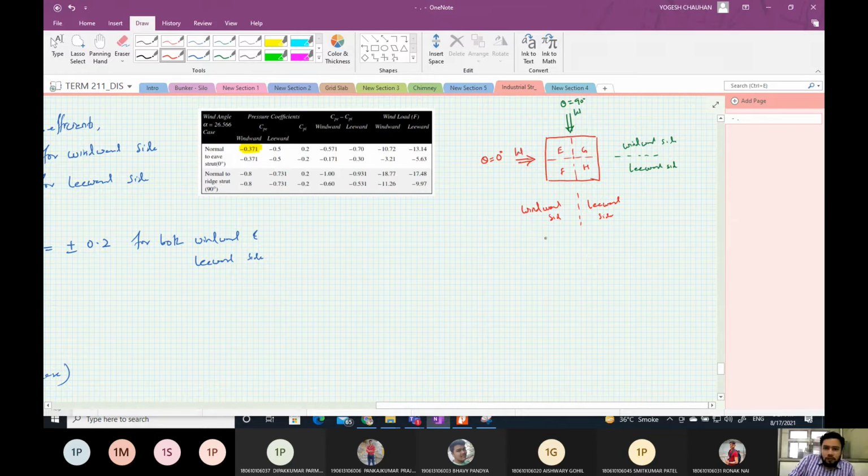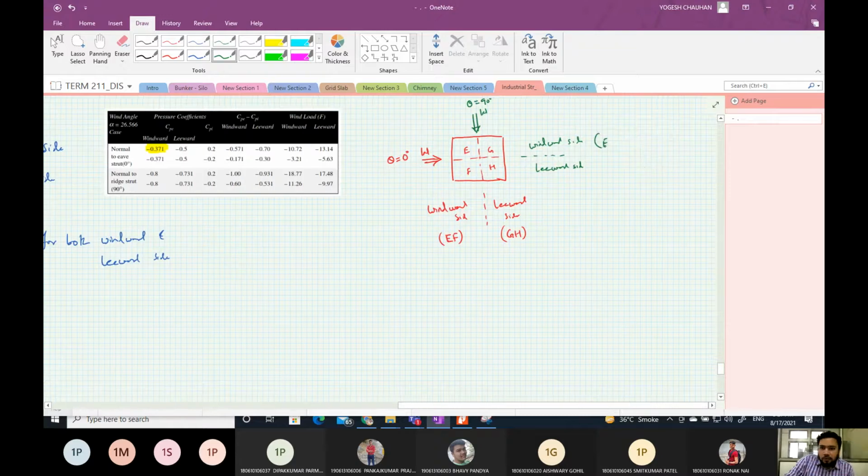So windward side here will be EF, leeward side will be GH, and windward side when wind is acting at 90 degree will be EG, and leeward side will be FH.